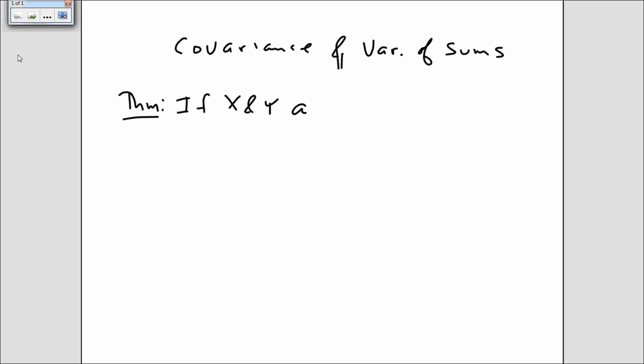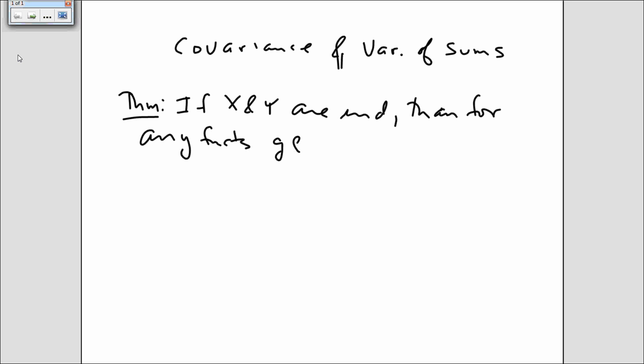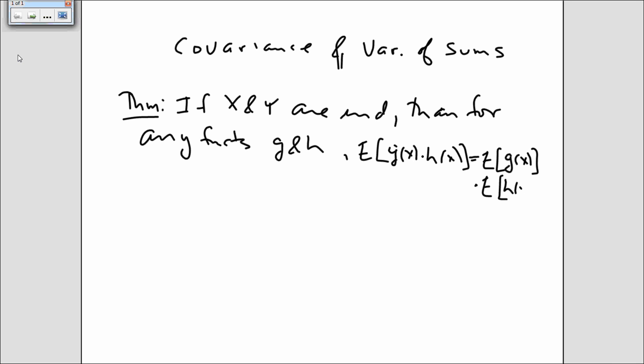If X and Y are independent, then for any functions g and h, the expected value of g times h is just the product of the expected values. It's E of g of X times E of h of Y.